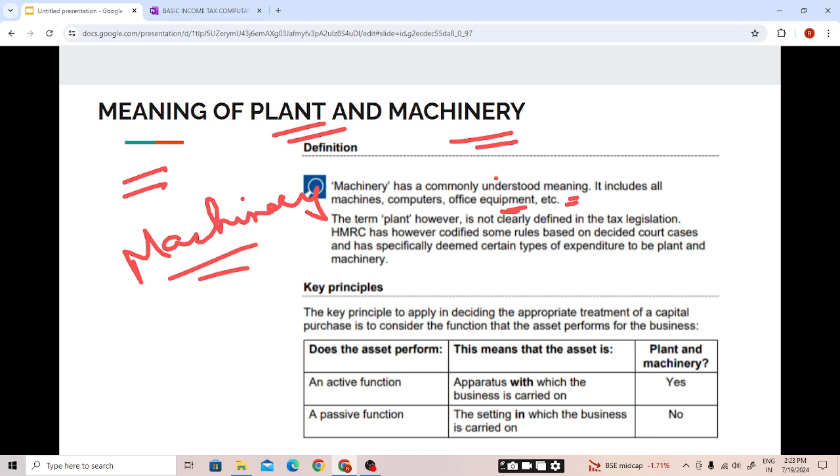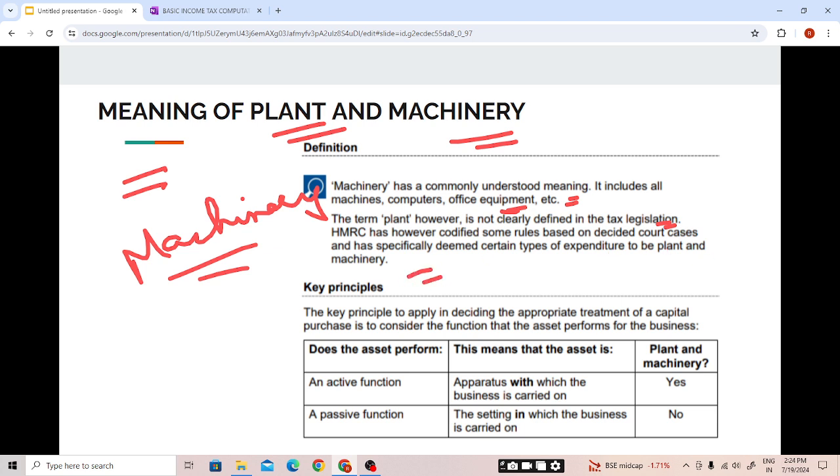But the term plant, however, is not clearly defined in the tax legislation. HMRC has, however, codified some rules based on decided court cases and has specifically deemed certain types of expenditures to be plant and machinery.